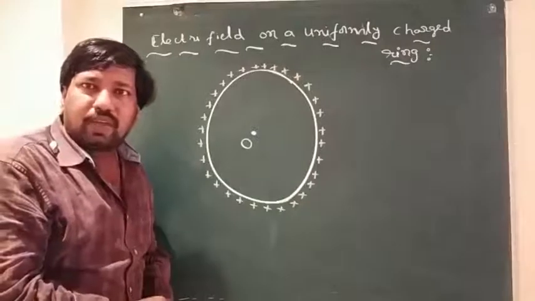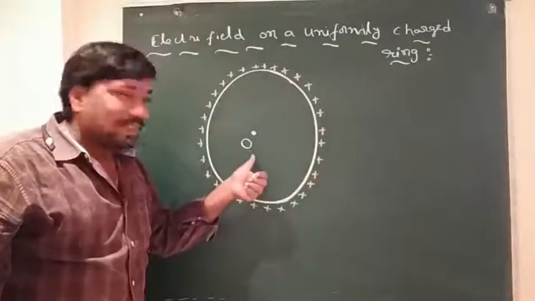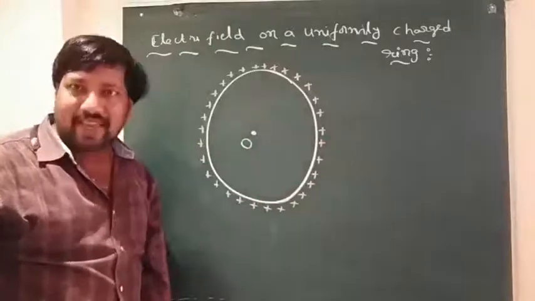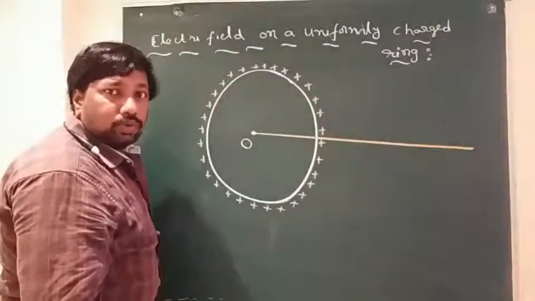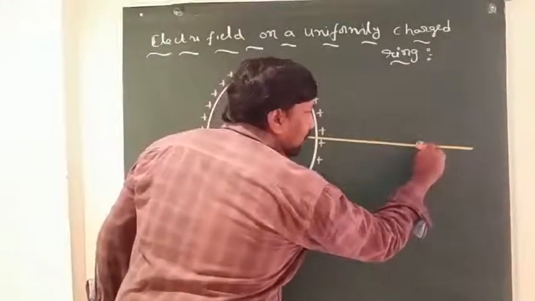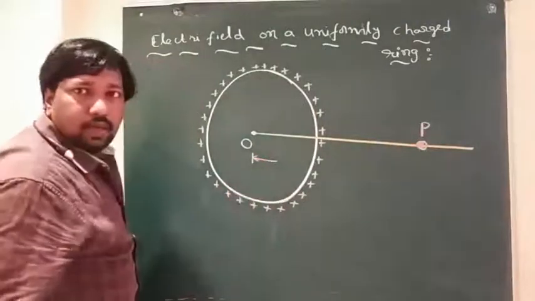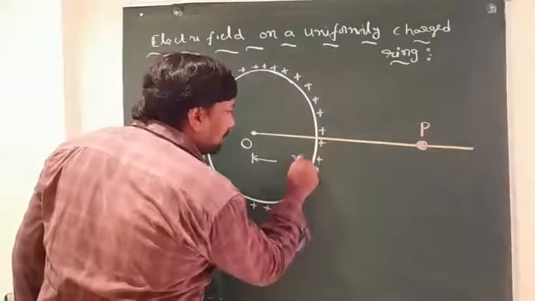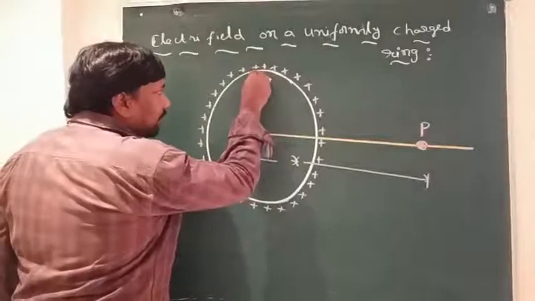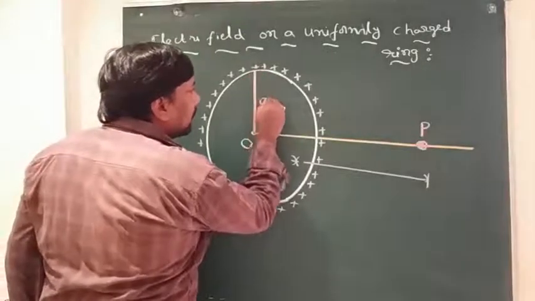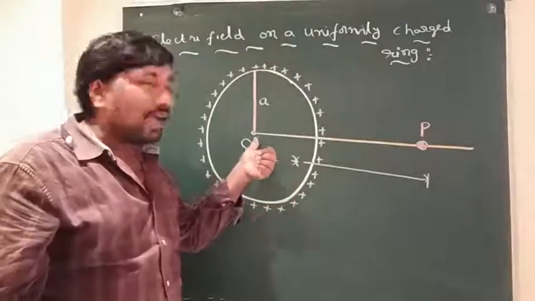Now you can find out the electric field at the point P outside of the ring, where the distance between the center of the ring and the given point is x. This is the axis of the ring. This is the point P. The radius of the ring is A. So here A is the radius of the ring and x is the distance between the center of the ring and the given point.